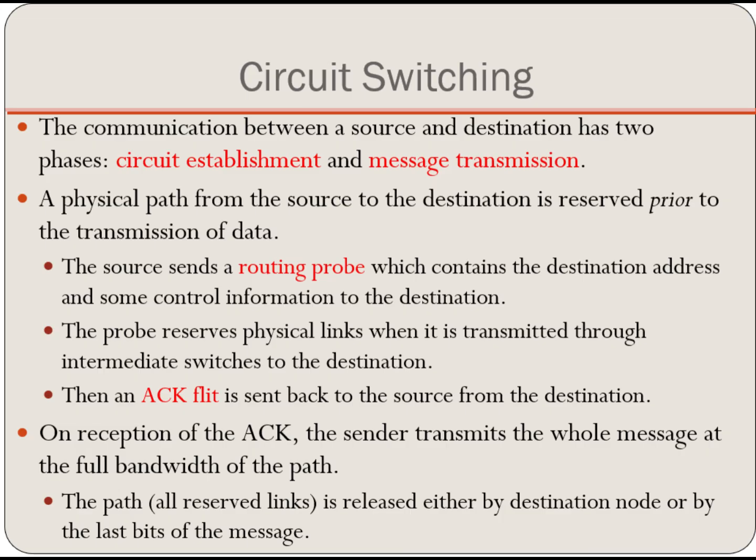But in this probing part, it depends on the routing mechanism. One possible way is you just send this probe to every outgoing link, all possible outgoing links from this particular node. Any receiver, after receiving it, tries to find a way to the destination.